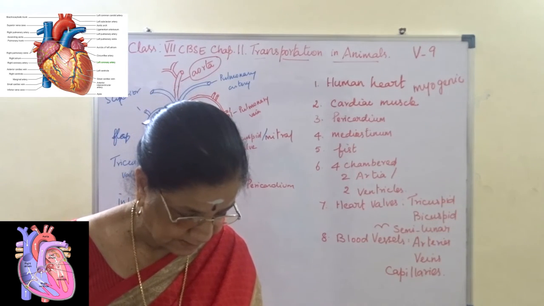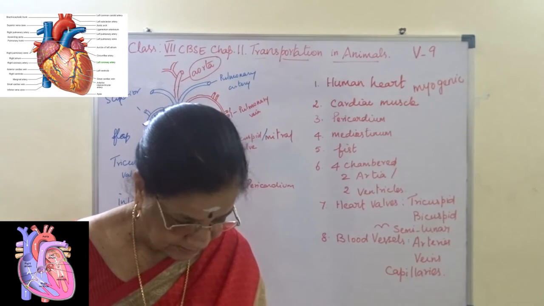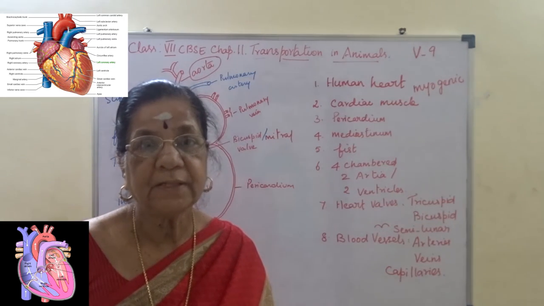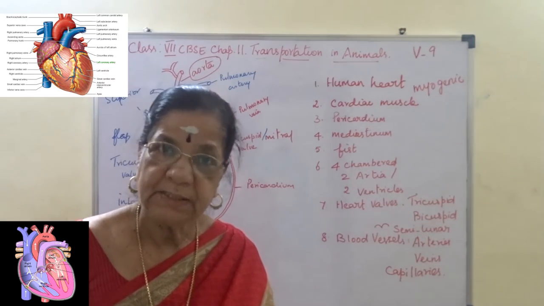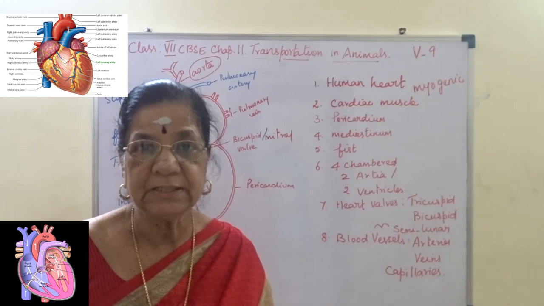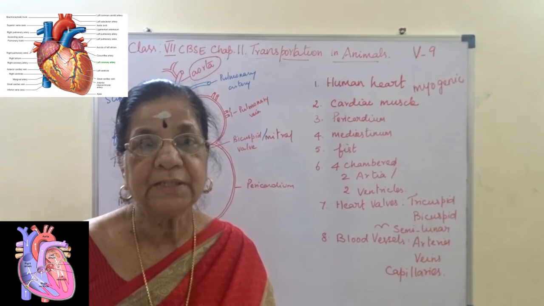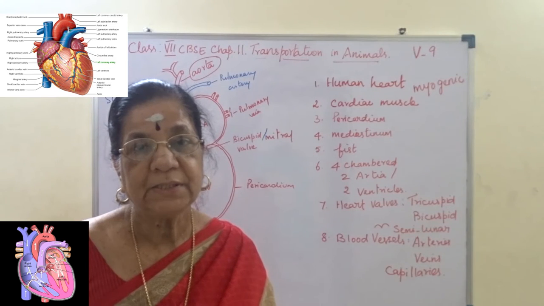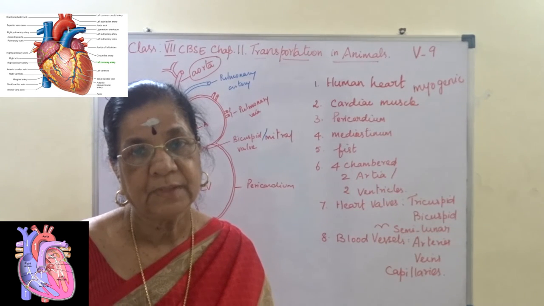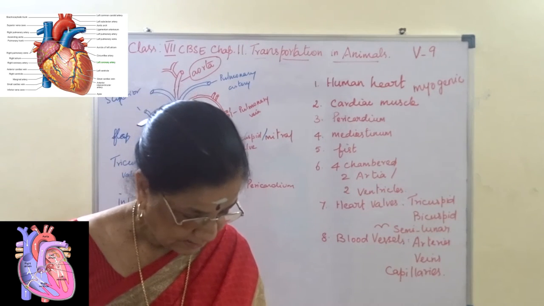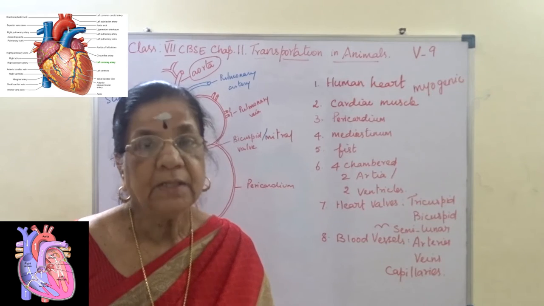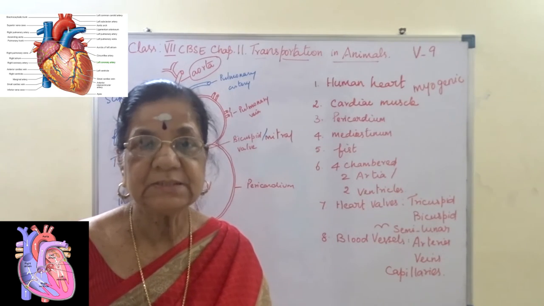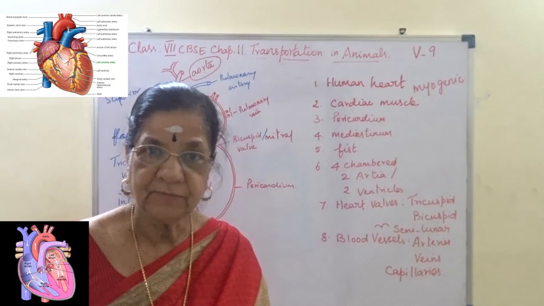Whereas the right ventricle receives impure blood from the right atrium, and then it sends it to the lungs through the pulmonary artery. I hope you understand. Then the left atrium receives oxygenated blood from the lungs through the pulmonary veins.